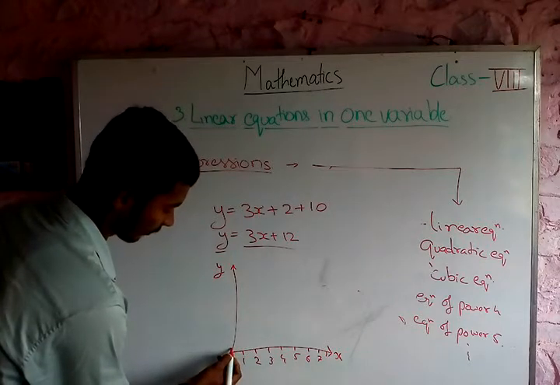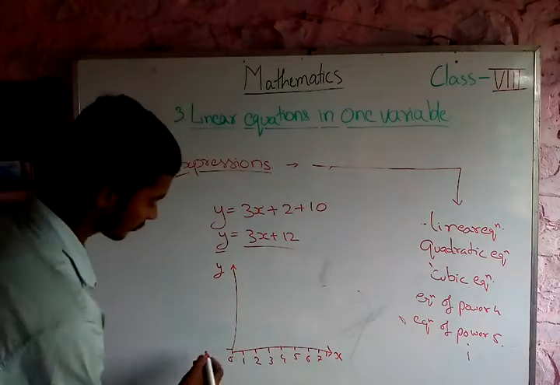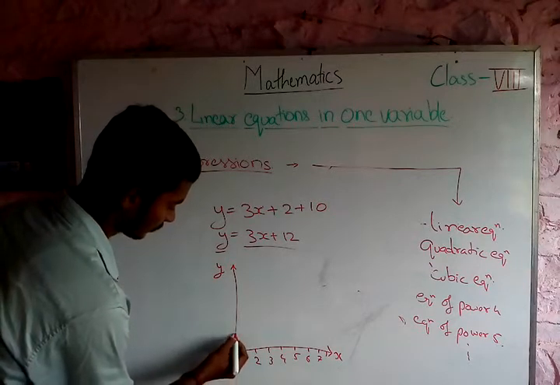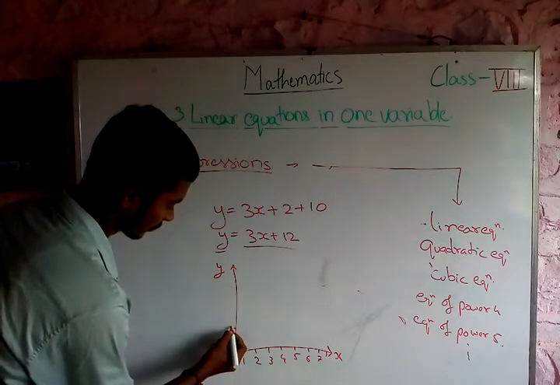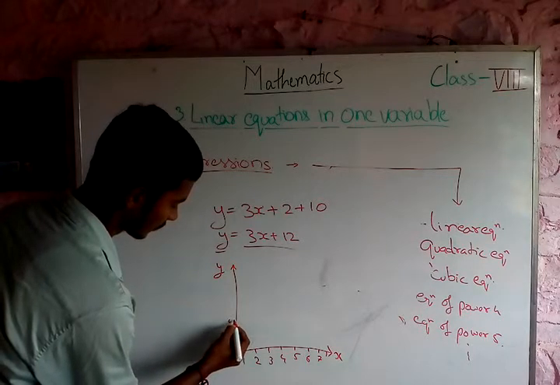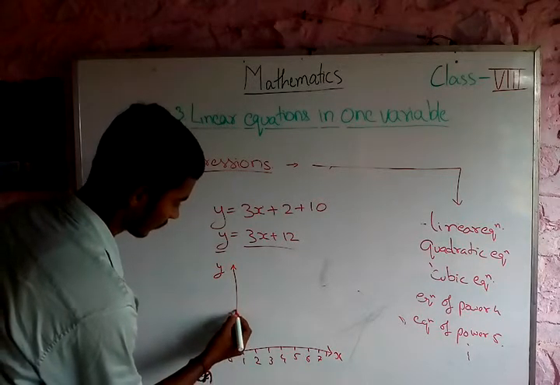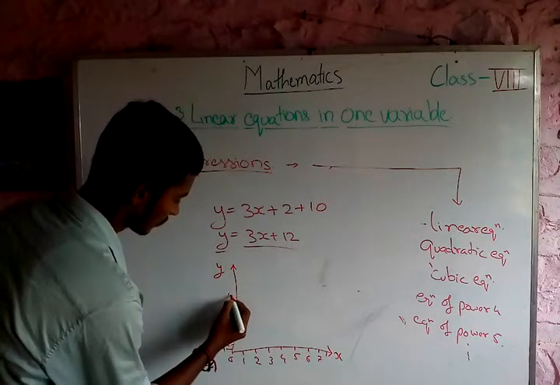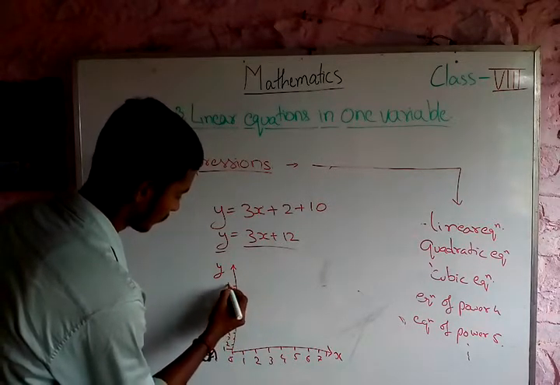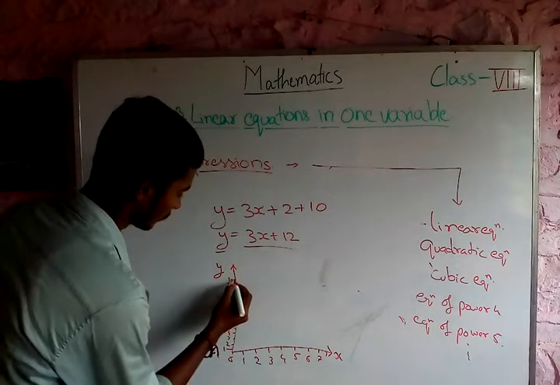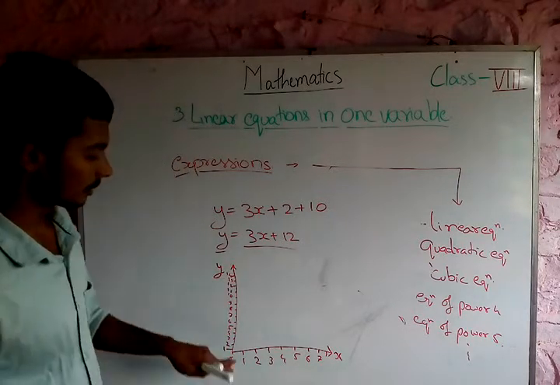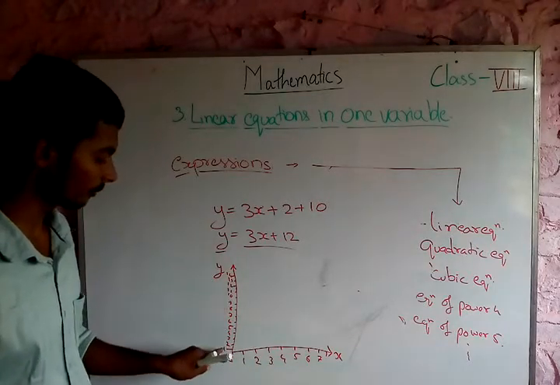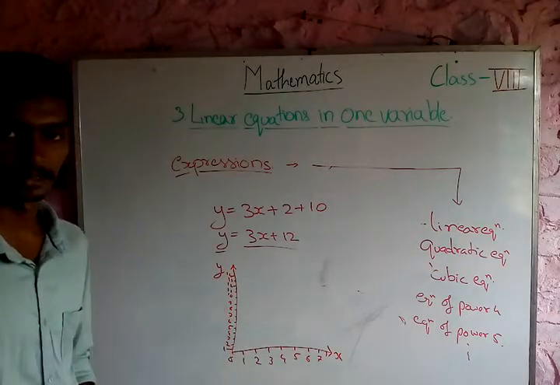On the side of y I have values varying as 1 2 3 4 5 6 7 8 11 12 13 14 and so on. Okay, this is your x-axis and this is your y-axis, and I have values of x and y like this.